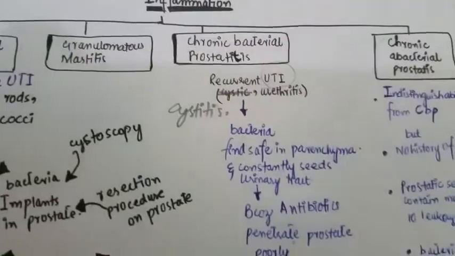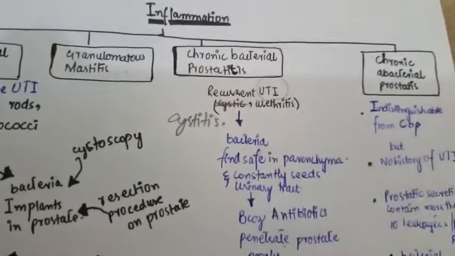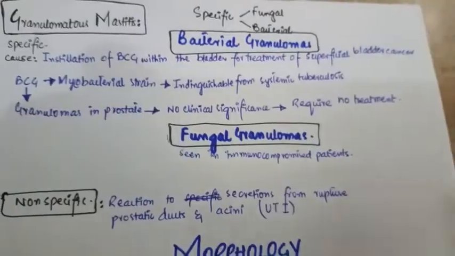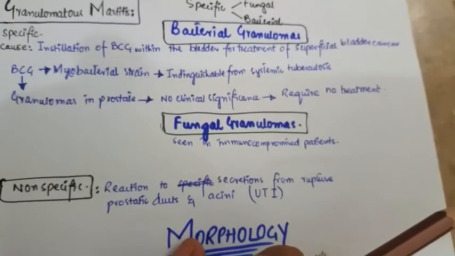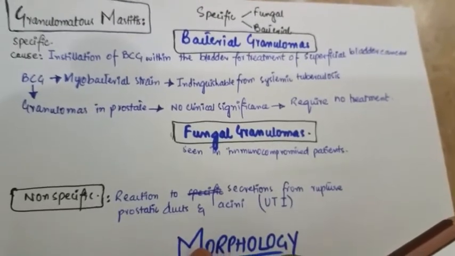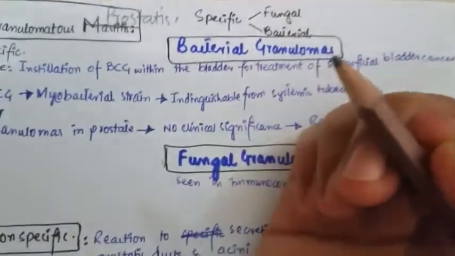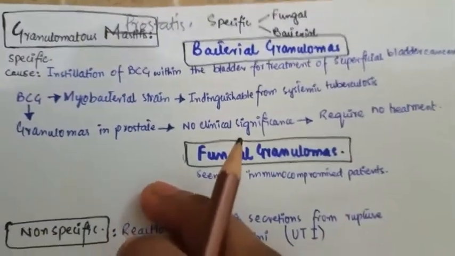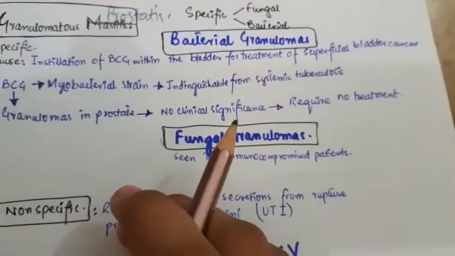Now comes the last type of inflammatory disorder, granulomatous prostatitis. It's not mastitis, it's prostatitis. Granulomatous prostatitis is divided into a specific type and a non-specific type.